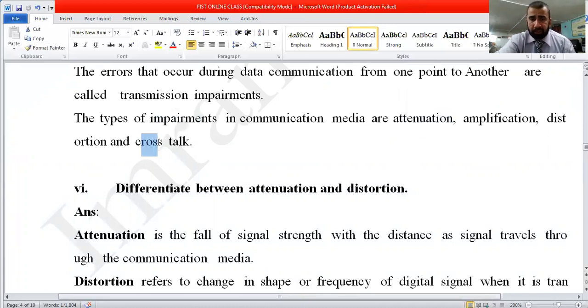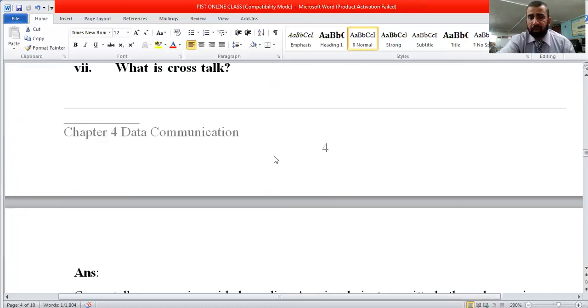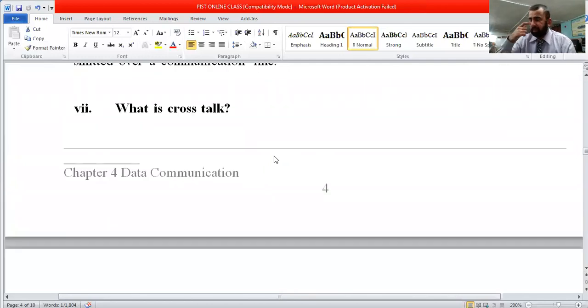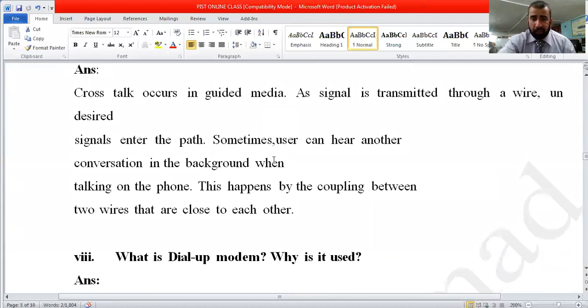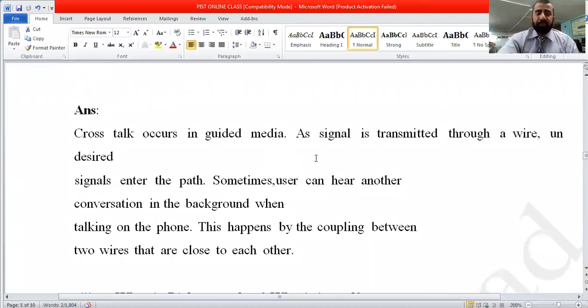Next is crosstalk. What is crosstalk? Next question in your book is what is crosstalk? Very interesting topic. Crosstalk occurs in guided media. It means it occurs when there is a cable involved between two devices.